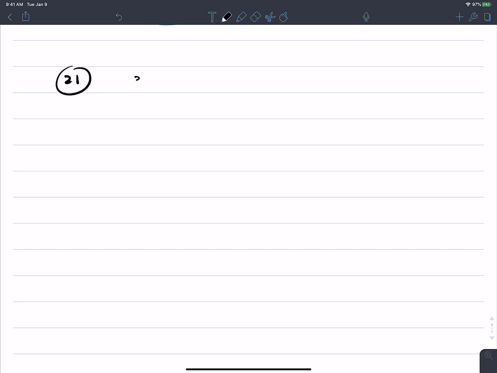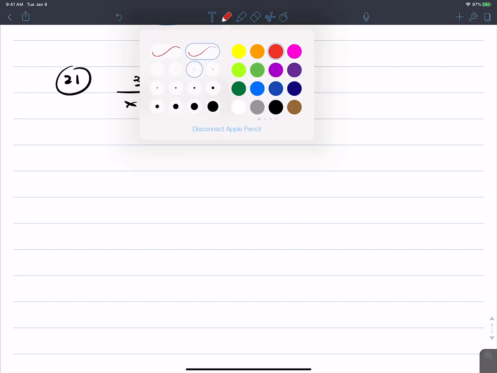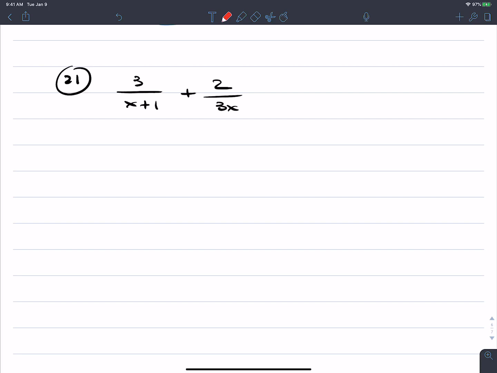21. 3 over x plus 1 plus 2 over 3x. Now, again, we're going to need here the LCM of the denominators.